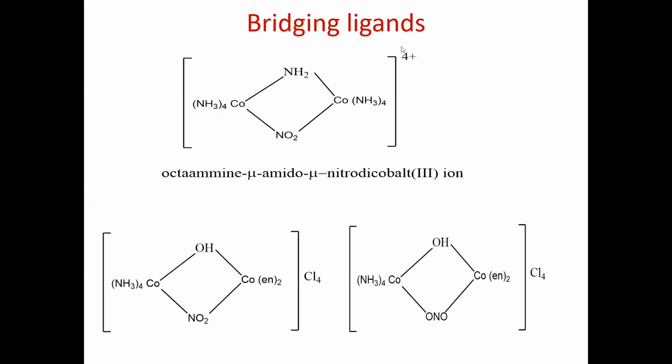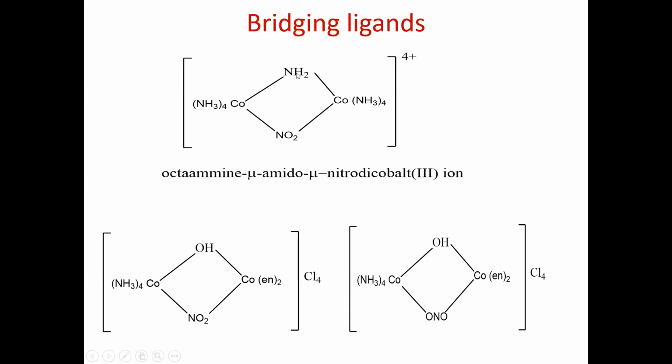So now, this is a bridging ligand. We talked about bridging ligands, where a ligand can bridge 2 metal centers. What is the name of this ligand? Amine.